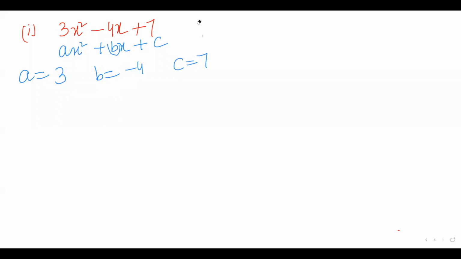After getting the a, b, c values, let us find the sum of zeros.